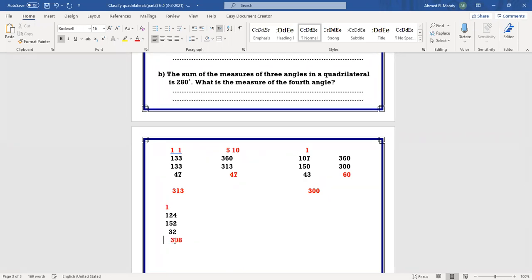The result will be 308. Now subtract 360 minus 308.